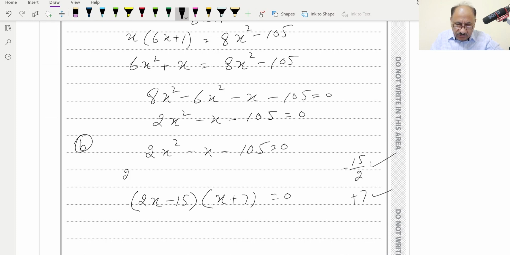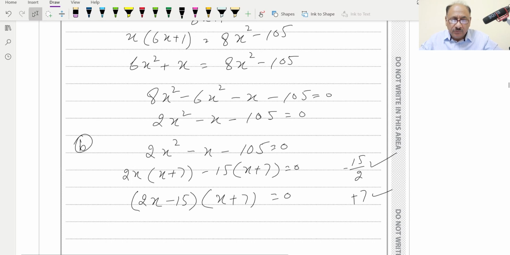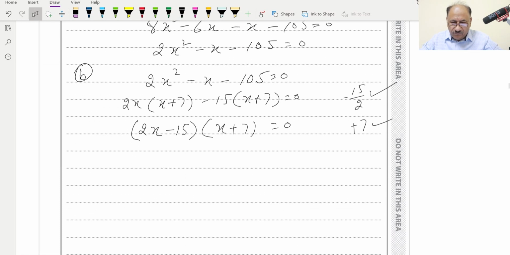In the intermediate step we can write 2x into x plus 7 and minus 15 into x plus 7 is equal to 0. Hopefully you understood this, and now we can write x is equal to 15 by 2, which is 7.5, and x is equal to minus 7.